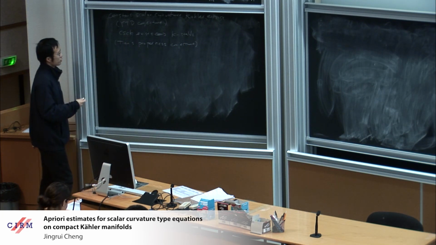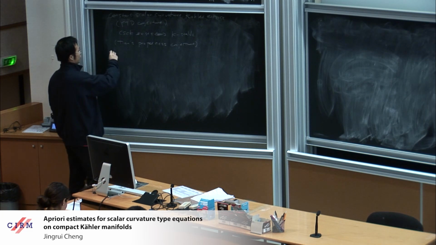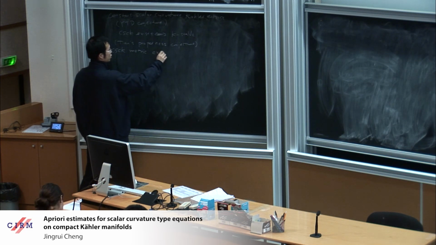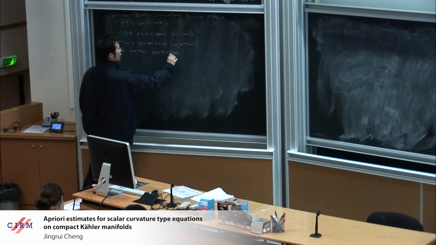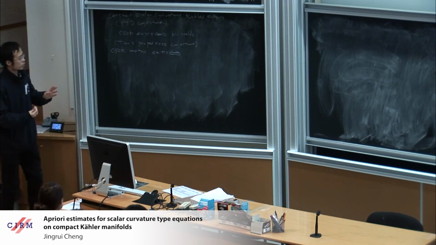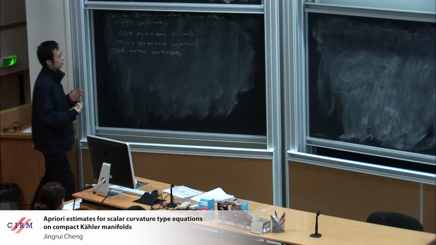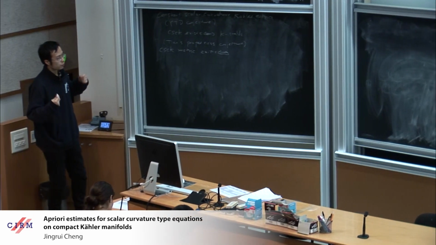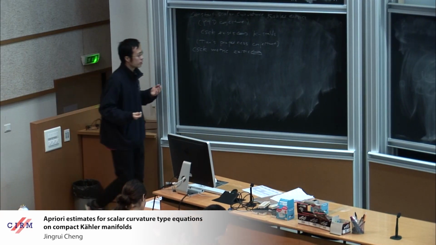Roughly speaking, it says that a cscK metric exists if and only if the associated energy functional is proper or coercive in terms of the distance.